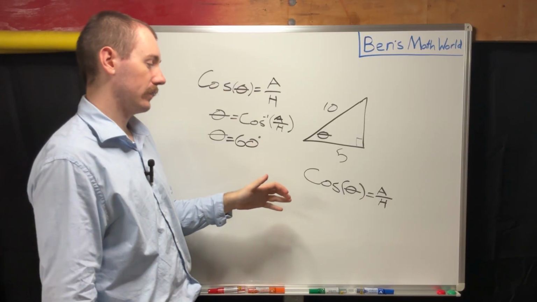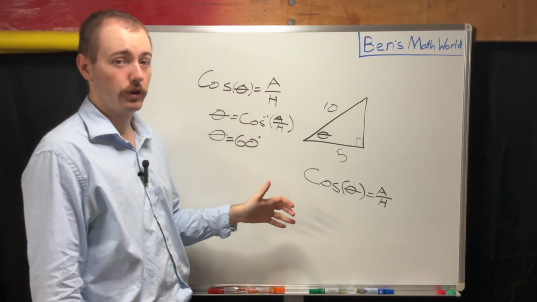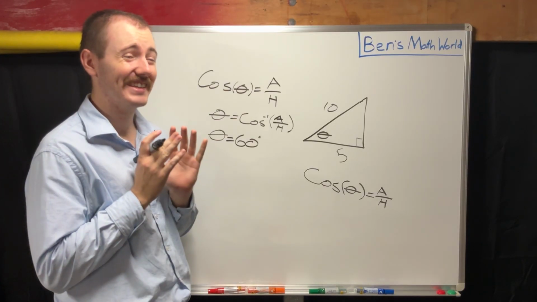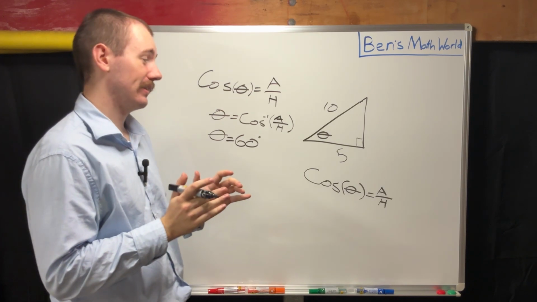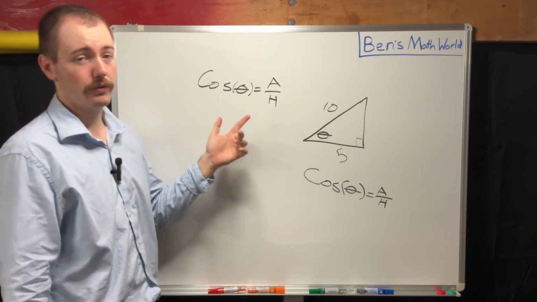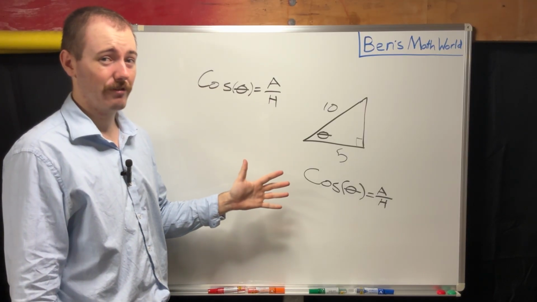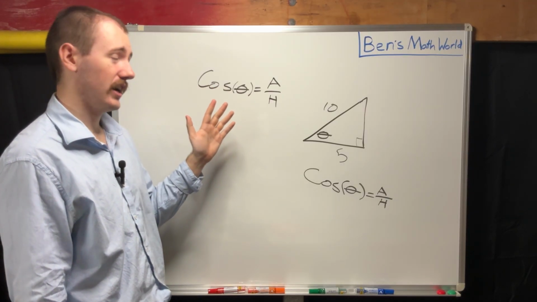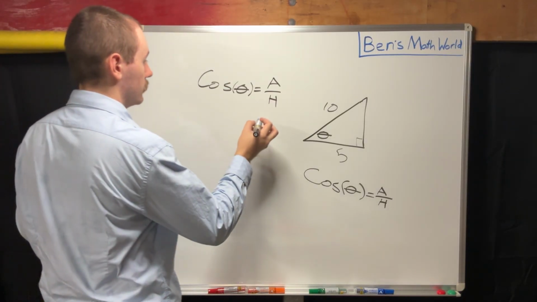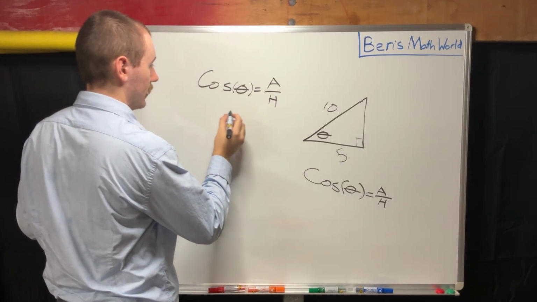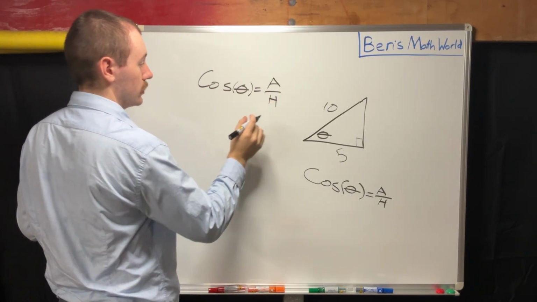Right, so now we're going to take a look at finding the hypotenuse again, and it's going to be the exact same as when we did sine. So we're going to start with our trusty formula, which I hope you remember by now. It's pretty much the same for everyone, just a little bit's changed each time. So we're finding hypotenuse. So the first step we're going to take, we want to isolate the h by itself.